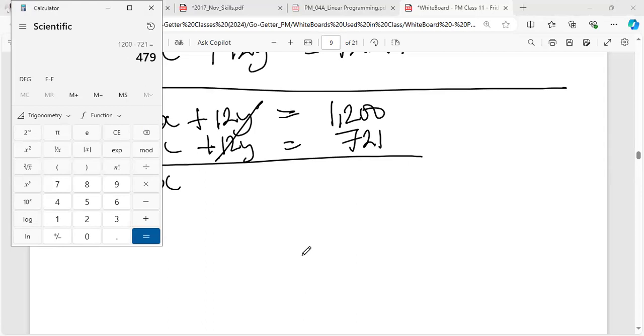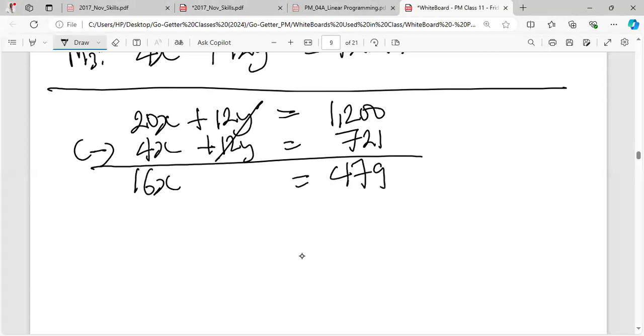Remember, it gave us 480 before, but this is now 479. Now your x will be 479 divided by 16.